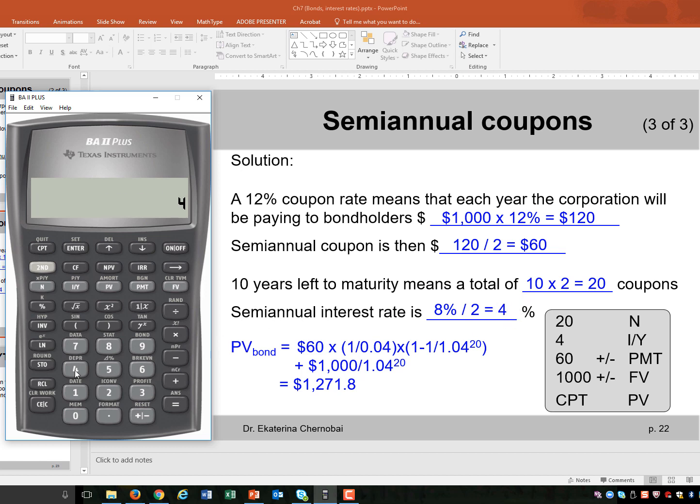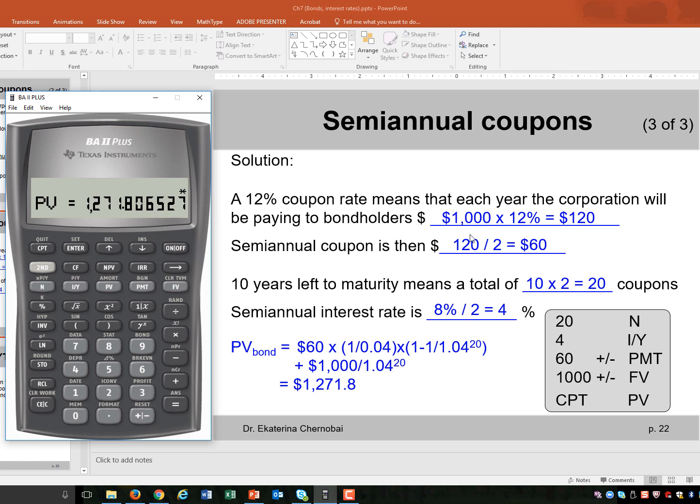So I put 4 IY, and I'm computing present value, $1,271 and about 80.5 cents. So technically, if it's rounded to 2 decimal places, then that would be 81. If it's rounded to 1 decimal place, like on my slide, it's just 0.8 at the end of the answer.